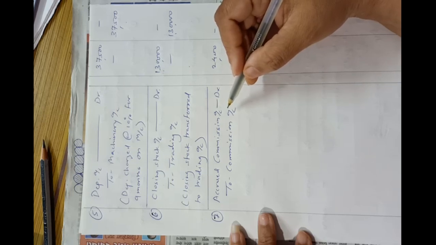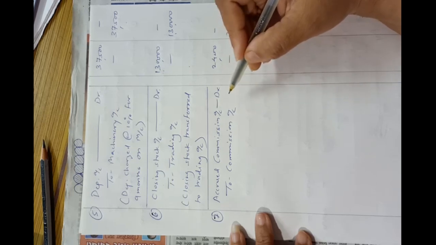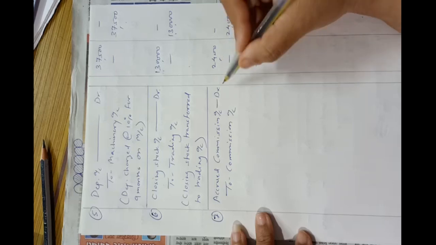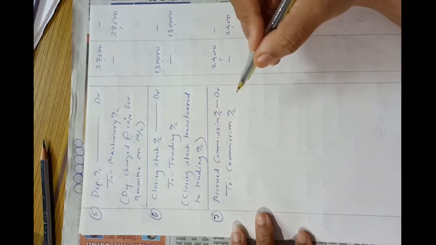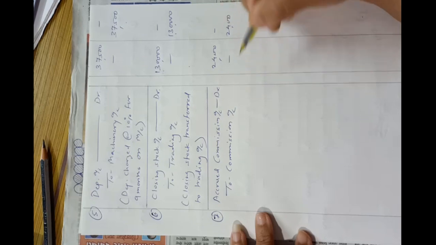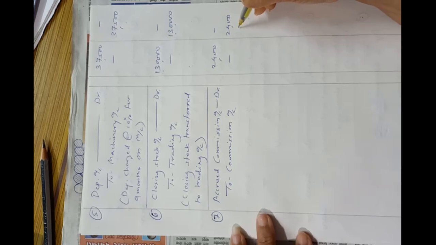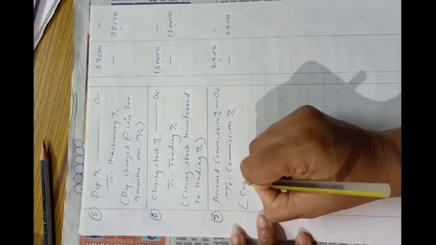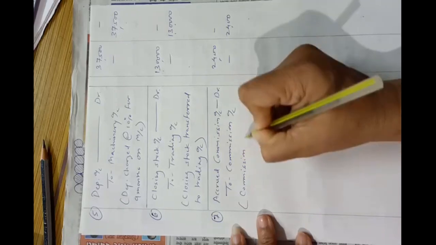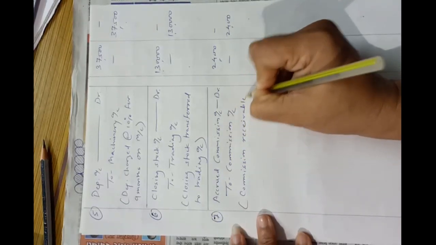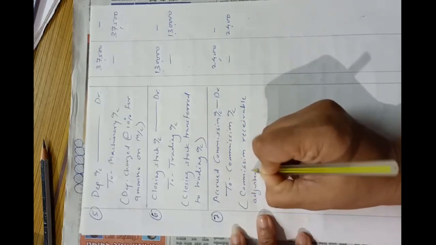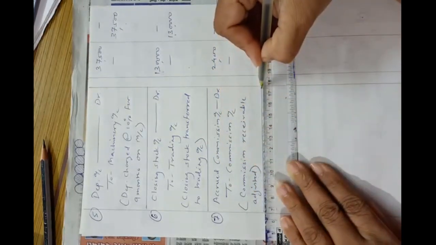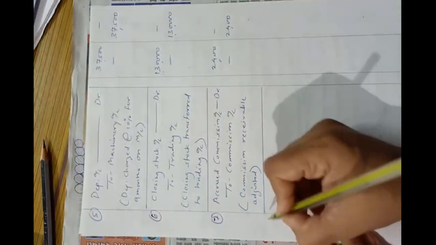It increases, so asset account will be debited. Okay, and commission is our income, it also increases, so commission account is credited. Narration will be commission accrued or receivable, or we can write as commission due but not received.